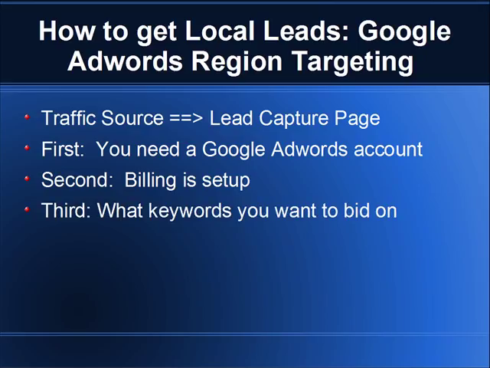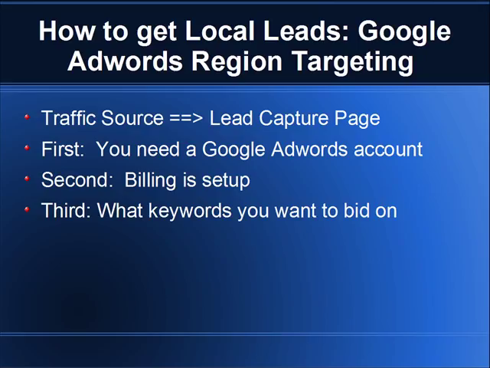Third, you need to figure out what keywords you want to bid on. It's okay if you have one or two. Start out with one or two, that's fine. I would try to get the top 10 keywords and bid on them and make sure that the lead capture page had those keywords in it.